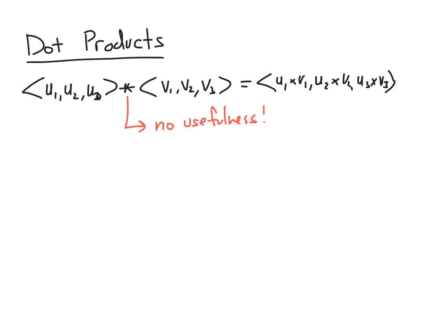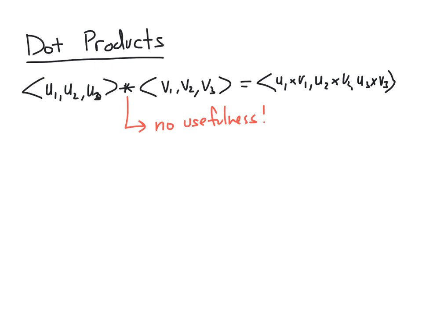But in this case, this newly produced vector that we formed by multiplying components together does not tell us anything. This is just a vector of numbers. It's a perfectly fine vector, but it doesn't tell us anything. And so we'd really like to have a multiplication that gives us something important back.